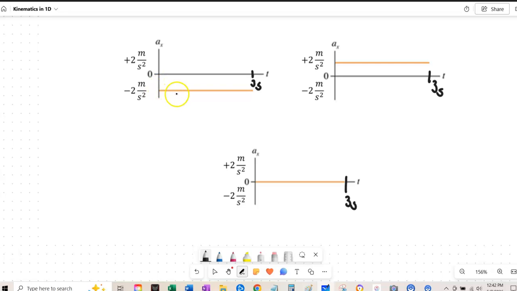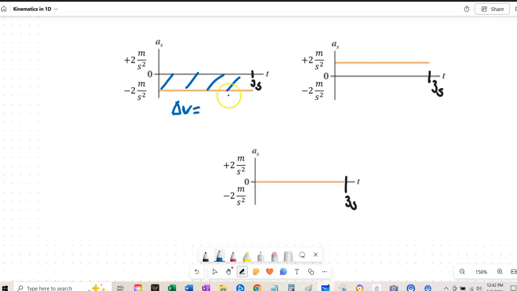So the acceleration is happening in this graph for a period of 3 seconds. Now this area right here is the change in velocity. And if we take this acceleration, so we're integrating an acceleration versus time graph, that'll tell us our change in velocity.